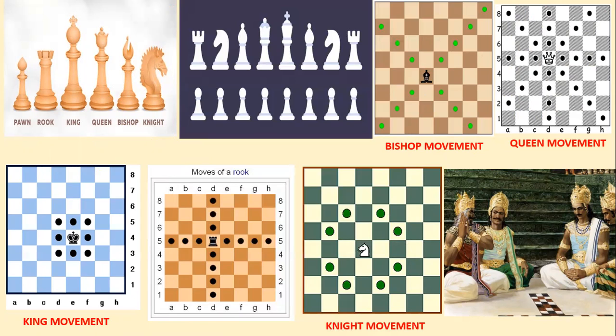Then we also learned the movement of the queen. Queen is more powerful. It can move in any direction, either crosswise, straight, or in any direction, to any extent of squares.